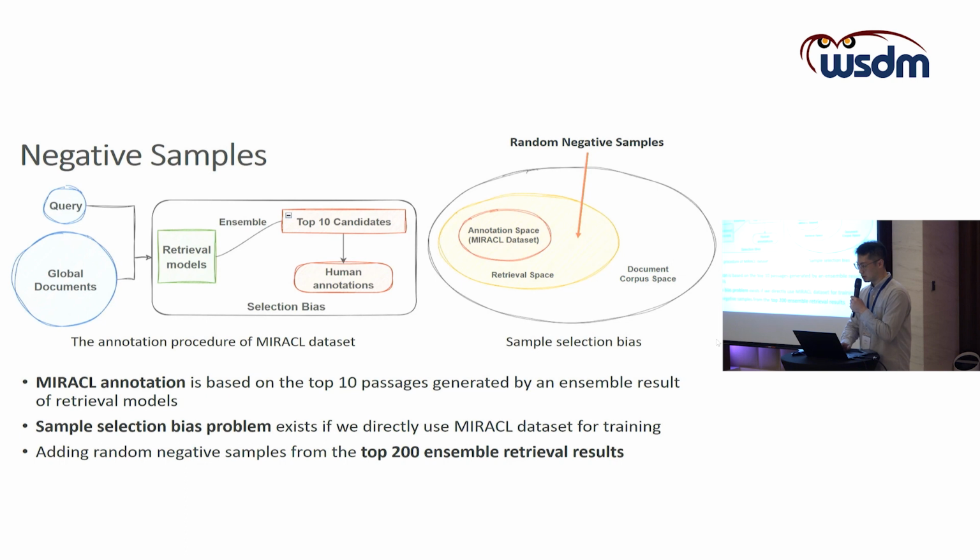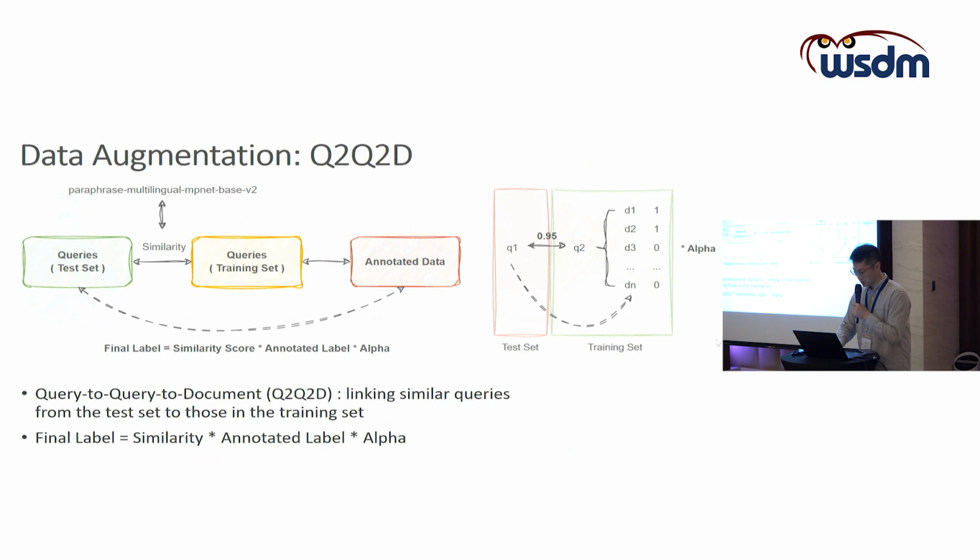You can see the annotation sample space is only a small subset of the entire retrieval sample space. We all know that traditional machine learning assumes that the training data and the test data are independently and identically distributed, so using the annotation data directly for the ranking model is problematic.